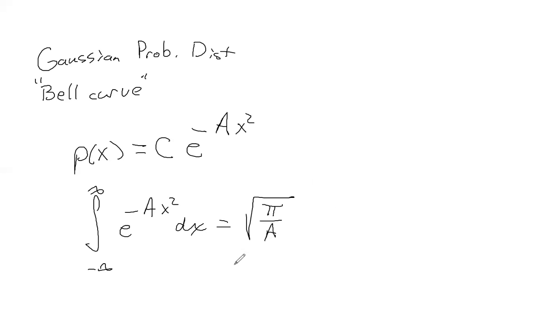But if that's true, we immediately conclude that the coefficient c must equal the square root of a over pi, so that this integrates to 1, so that when you add up all probabilities, you get 1.